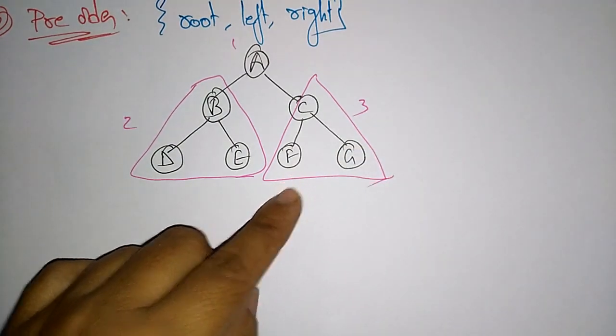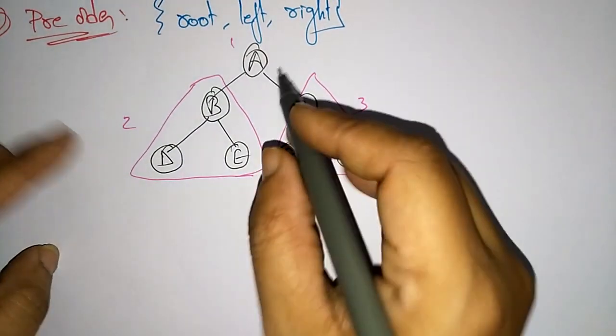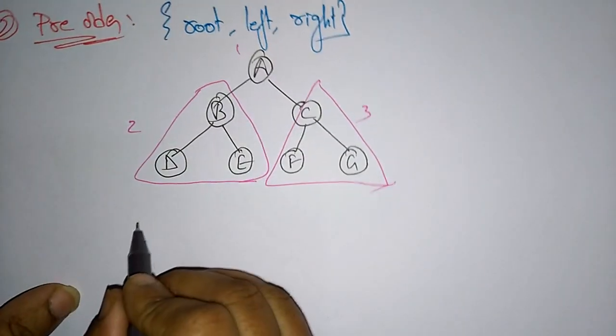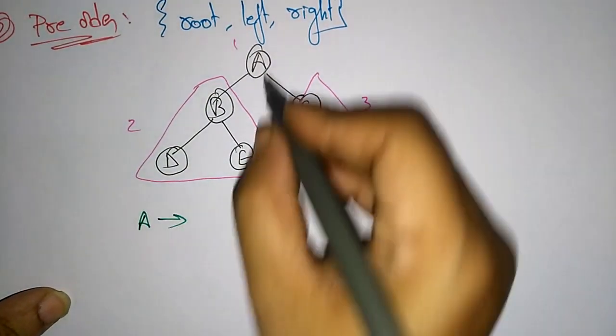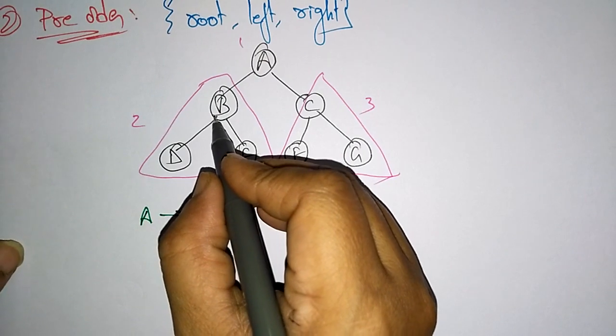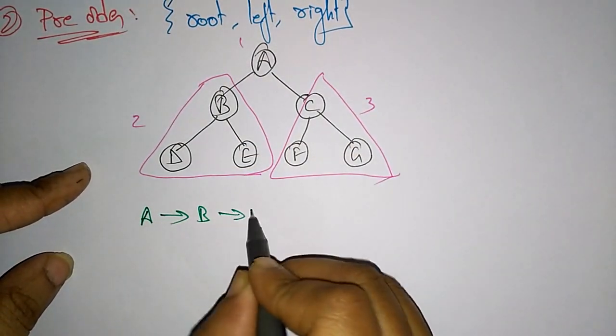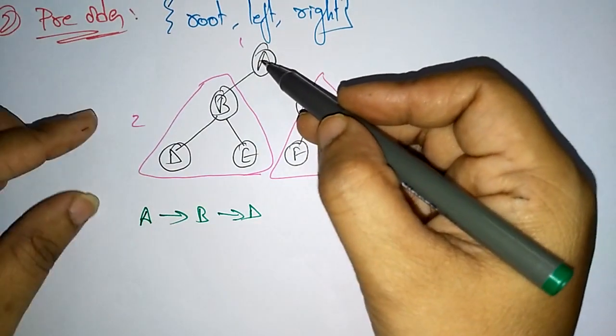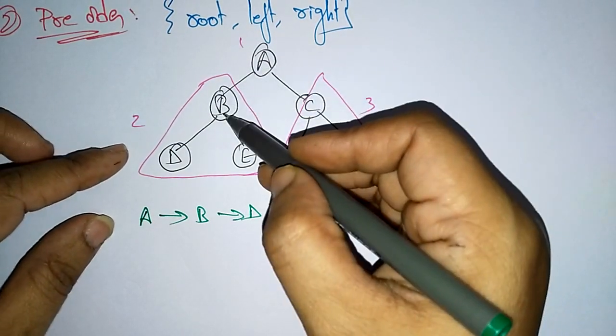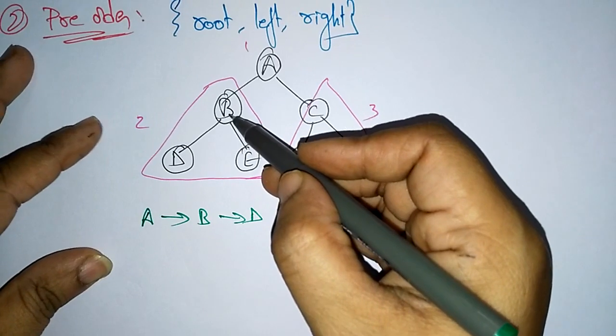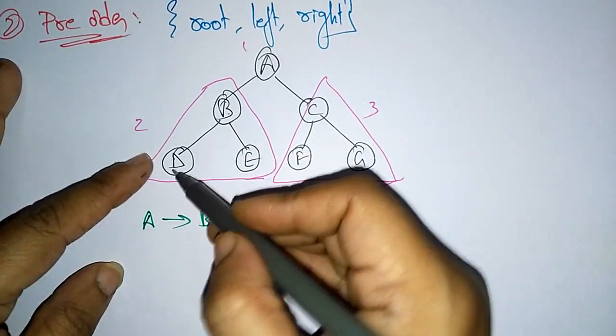Okay, then what is the path? First it has to visit the root node. A is the root node. After that it comes to the left. The left is B. Again for the left, it is D. So first enter the root node, then coming to the left. In the left again, this is the root node, so enter this root and come to the left.